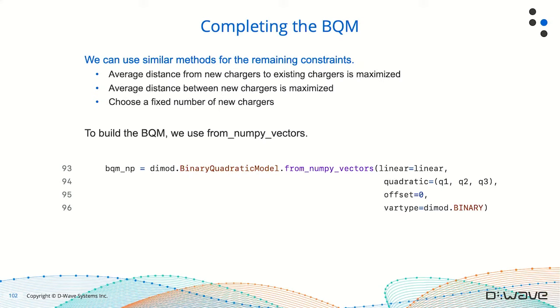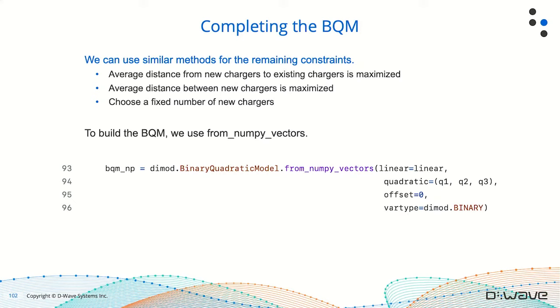So Q1, that's going to be all of the row indices. Q2, that's all of the column indices. And Q3 is the actual value in the matrix. So in this way, you don't have to store these massive NumPy matrices if you're not using all of the entries. You can have time and space savings by using this from NumPy vectors method.